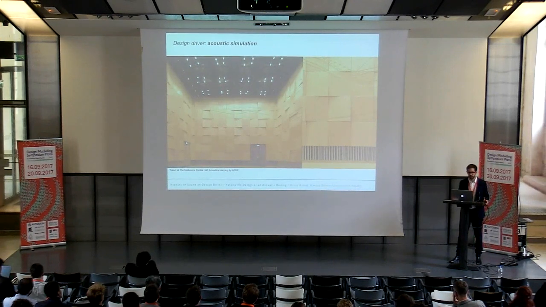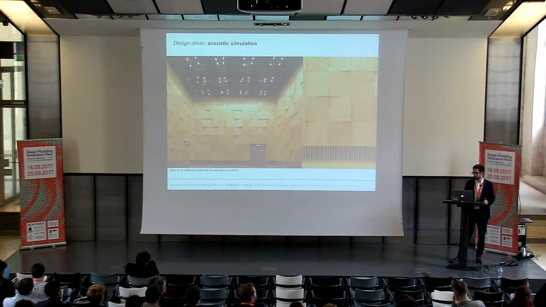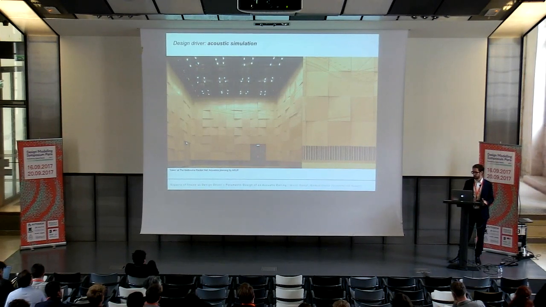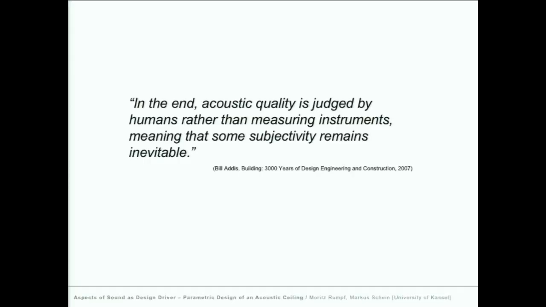Only if sound scattering plays an important role, geometry gains a significant role. We've heard that as well in the presentation by Jane Burry in the morning. And also the Melbourne Recital Hall is a descriptive example where the cladding is varied on 3 different scales depending on high, mid, and low frequencies.